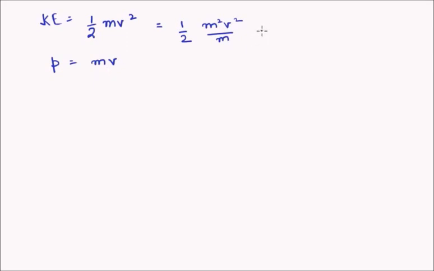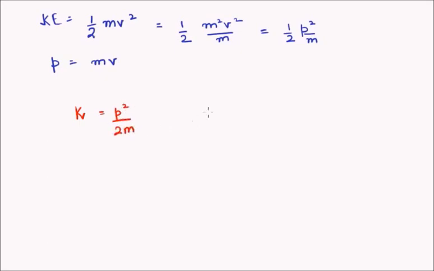That makes it half times p squared by m. Therefore, we see that the kinetic energy K is p squared by 2m.